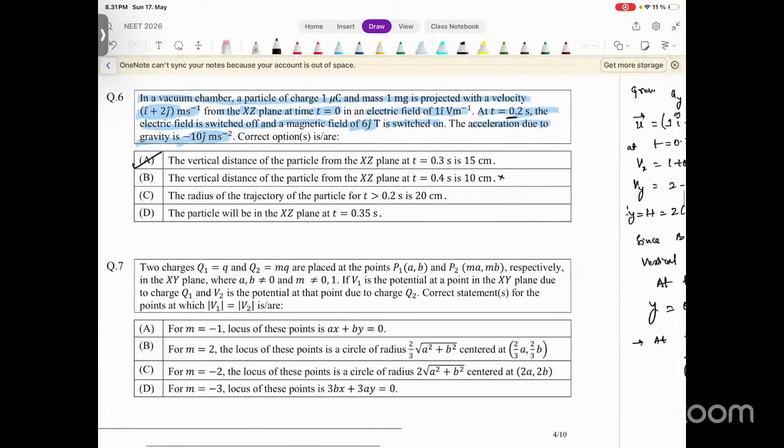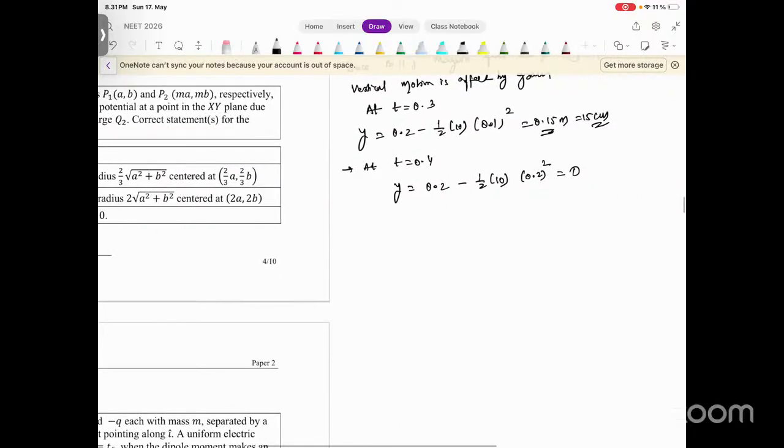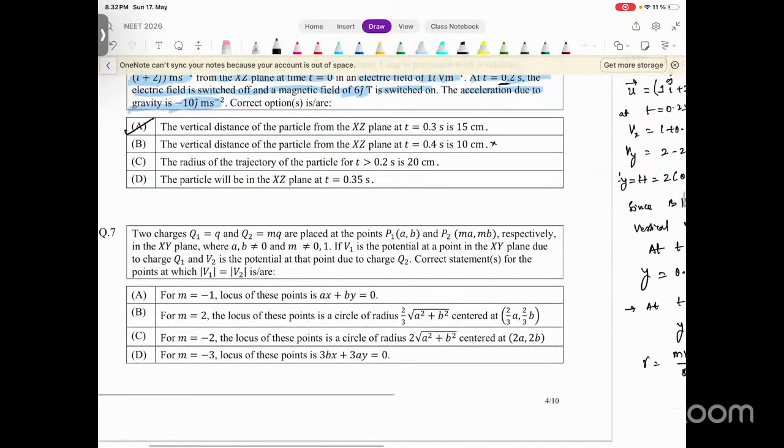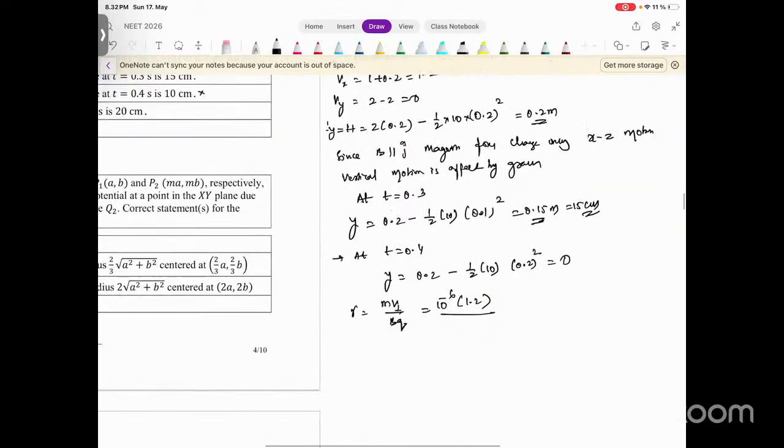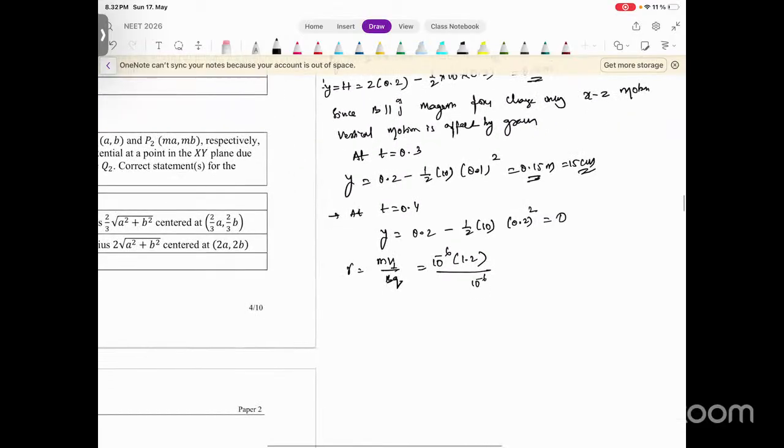The next one is asking the radius of trajectory of the particle. Radius of the trajectory, we already know the formula, very famous. R is equal to m v perpendicular divided by B into Q. Mass is 10 to the power of minus 6 into 1.2, divided by charge, which is given as 10 power minus 6, into magnetic field, which is 6.